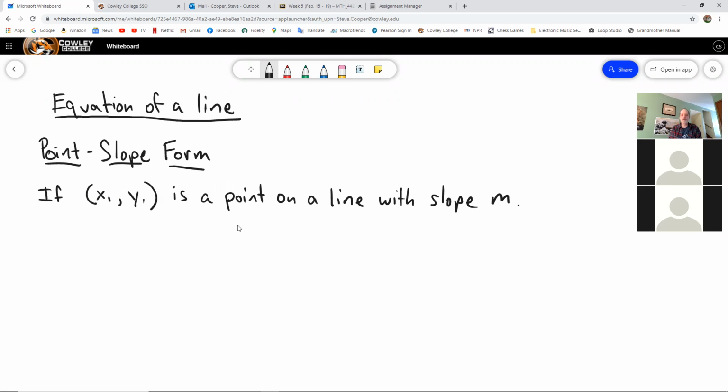So if I know some point on the line and I know its slope, then y minus y1 is equal to m times the quantity x minus x1 is the point slope equation of the line.